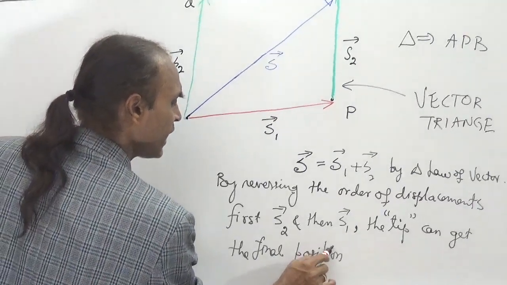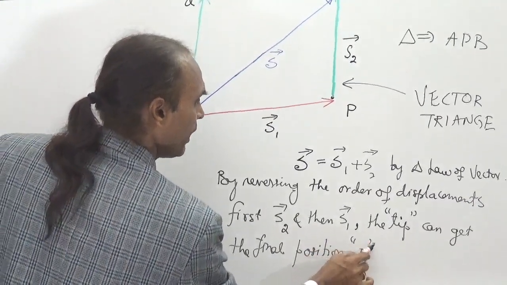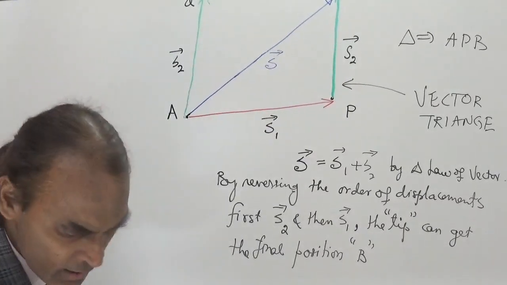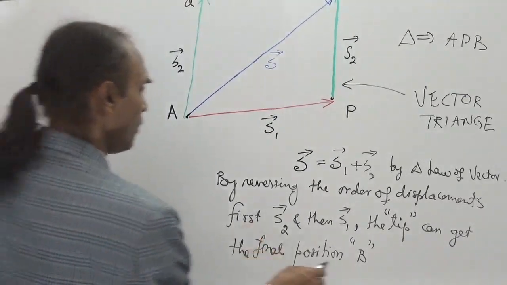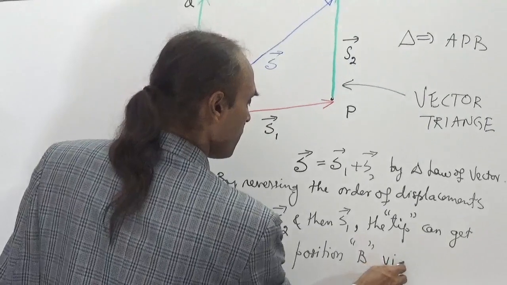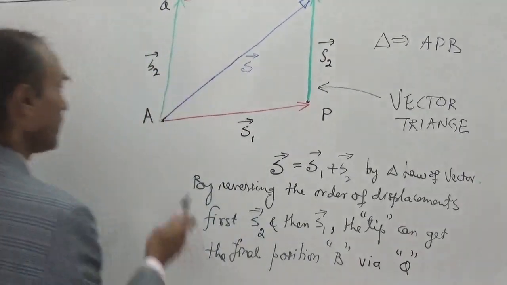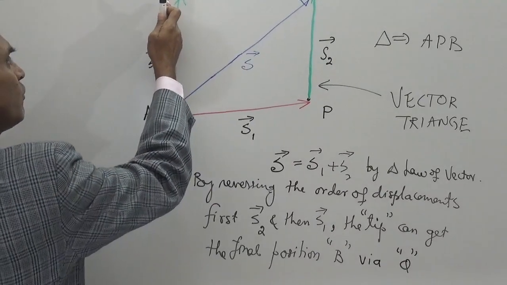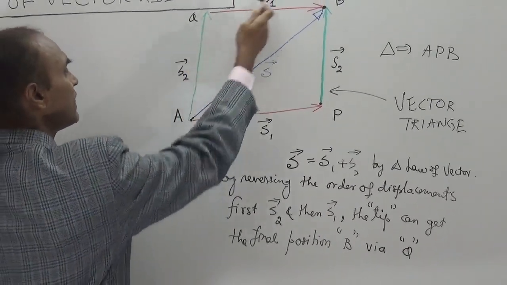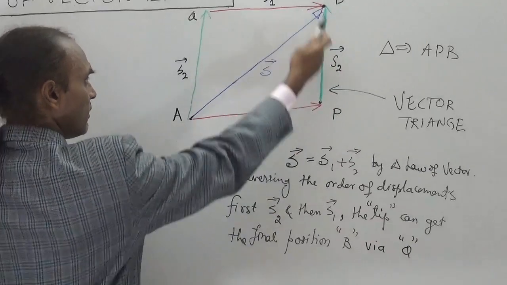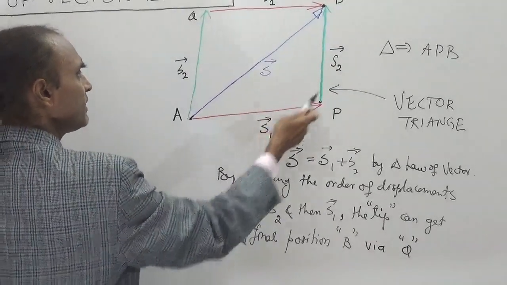What is that final position? Point B via the point Q, undergoing two displacements S2 and S1, S2 first, then S1. In this path, first S1, then S2.